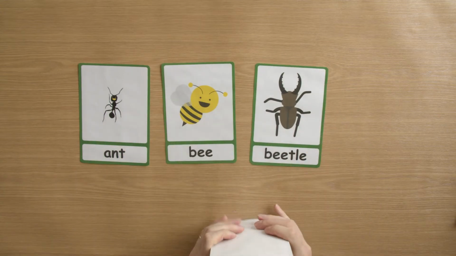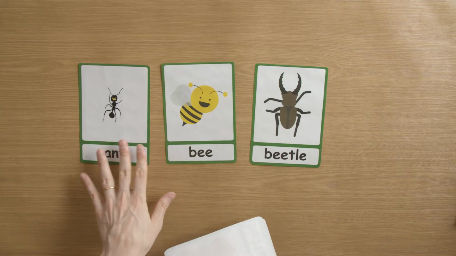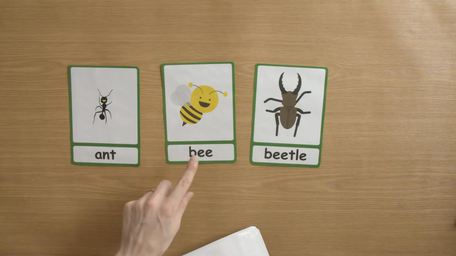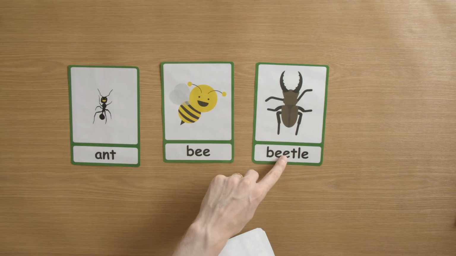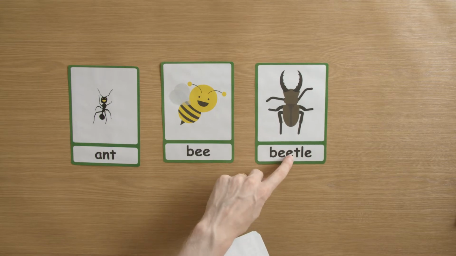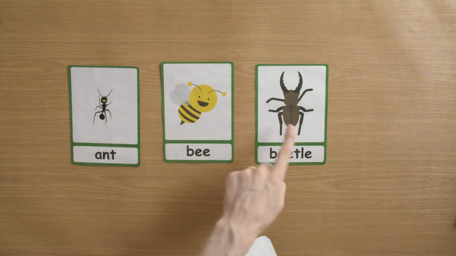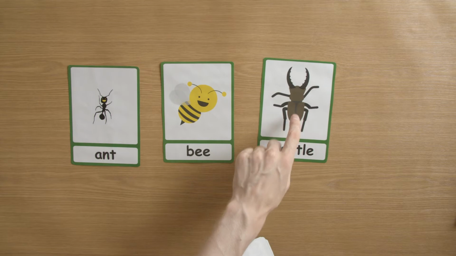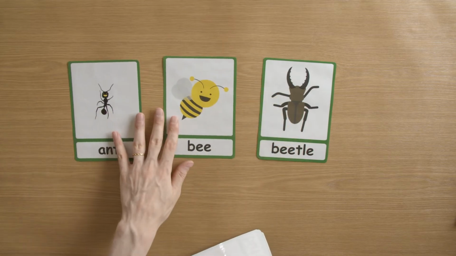Okay, so you might start with 3, and if it's a very young child, you might say ant, ant, bee, beetle, beetle. Can you touch beetle? Where is beetle? Is this beetle? Touch, touch, touch, have the child touch.